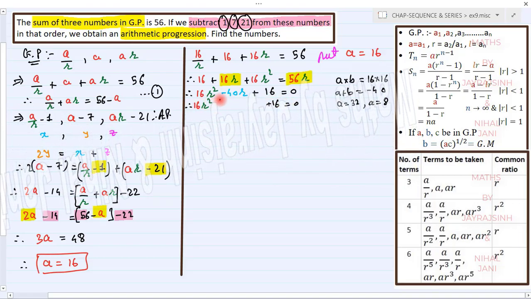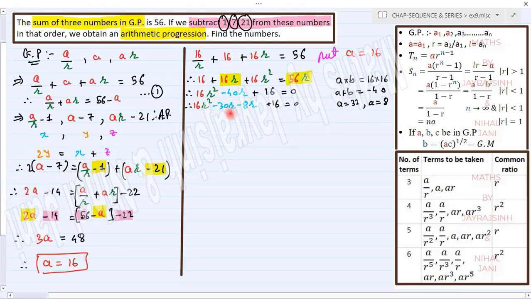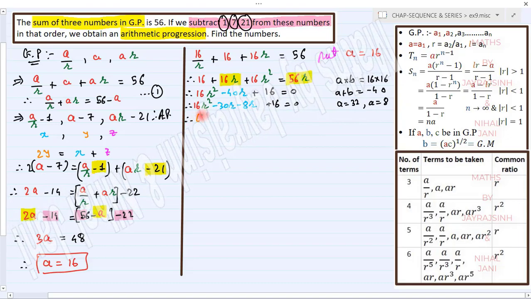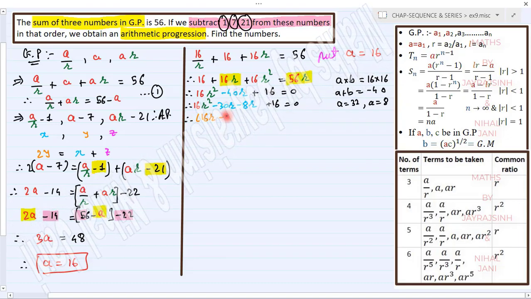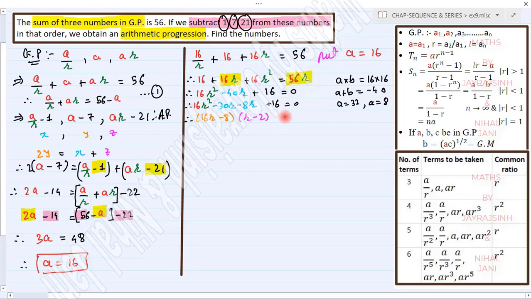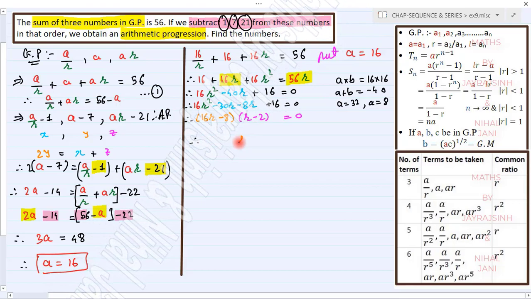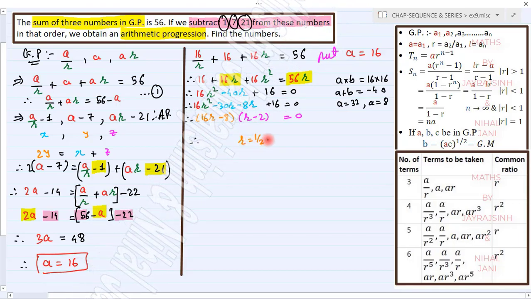Minus 40r will be split as minus 32r and minus 8r. So here we'll get 16r minus 8 and r minus 2 is equal to 0, which will give us two cases, r is equal to 1 by 2 and r is equal to 2.